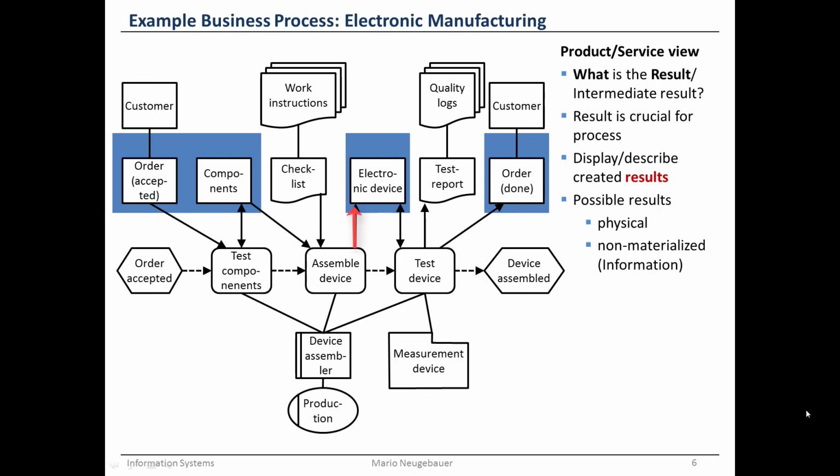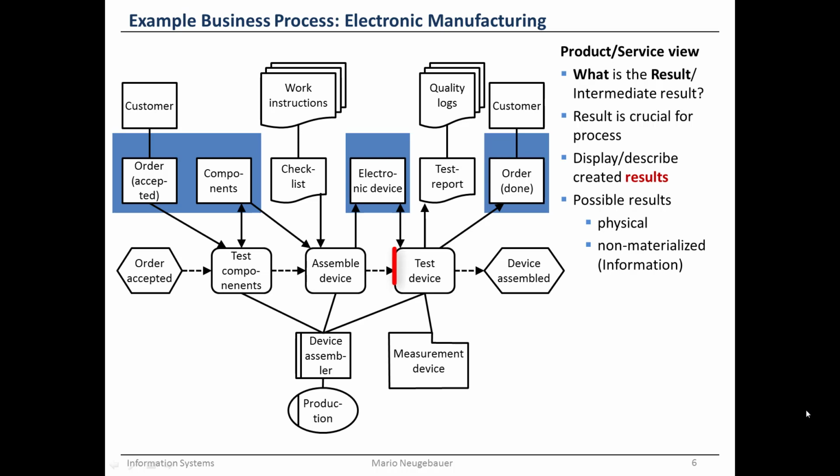So it comes out of this step, and it is required in the next step, test device. And then you could refer to the electronic device as a product or an intermediate product within your process steps. Intermediate product because it's not tested yet. It's an untested electronic device maybe.